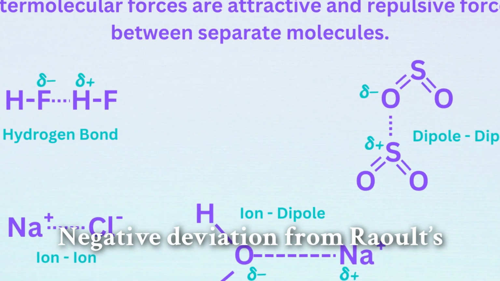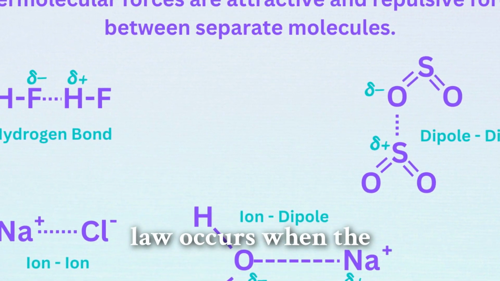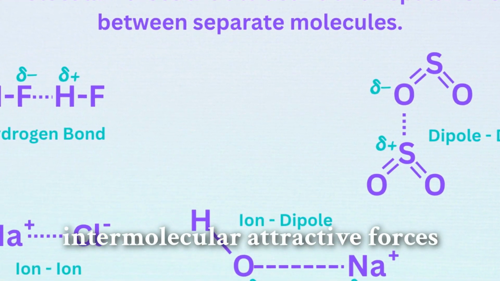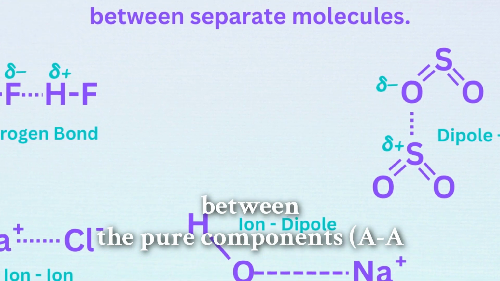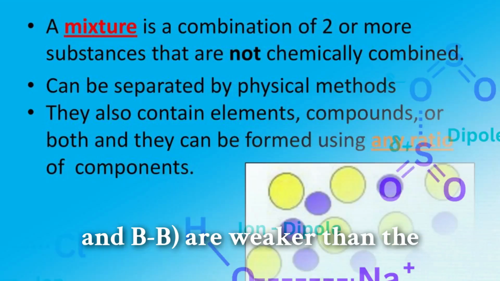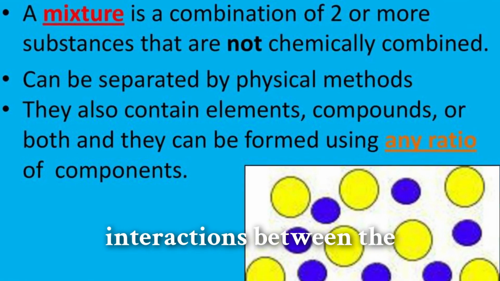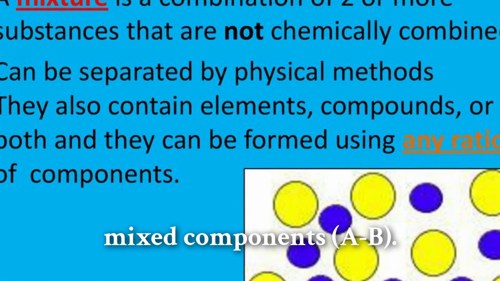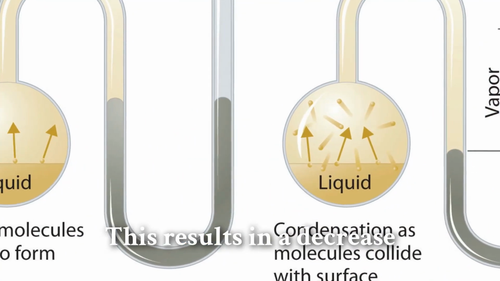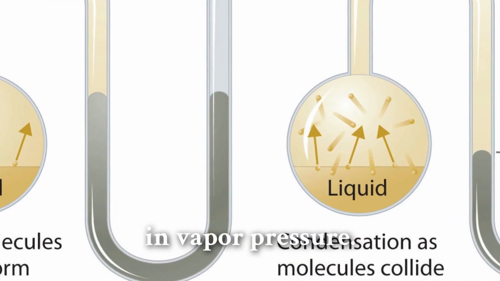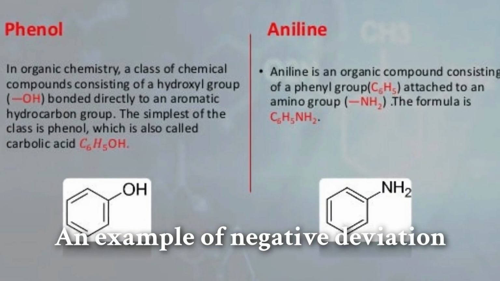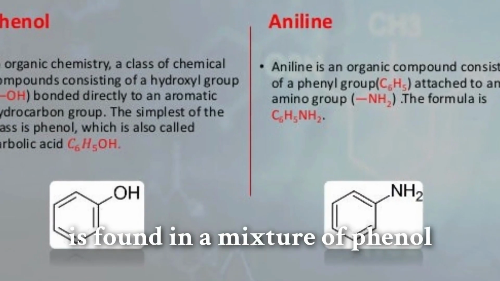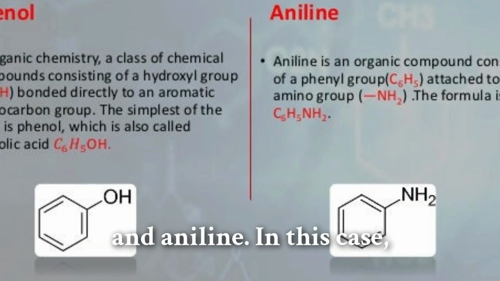Negative deviation from Raoult's law occurs when the intermolecular attractive forces between the pure components, AA and BB, are weaker than the interactions between the mixed components, AB. This results in a decrease in vapor pressure. An example of negative deviation is found in a mixture of phenol and aniline.